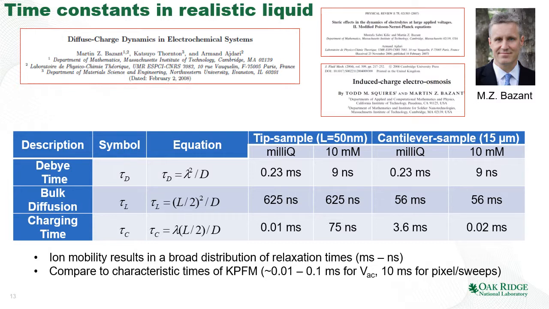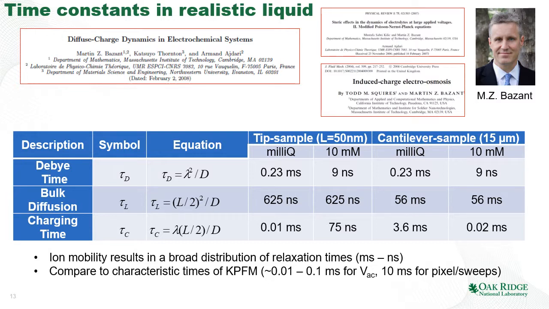So what does it tell us? It tells us that the ion mobility results in a very broad distribution of relaxation time. So depending on which process we consider, the one driven by the Debye length or by the bulk diffusion, we can have times that vary from the nanoscales, and of course this is too fast for scanning probe microscopy, all the way to microseconds and milliseconds.